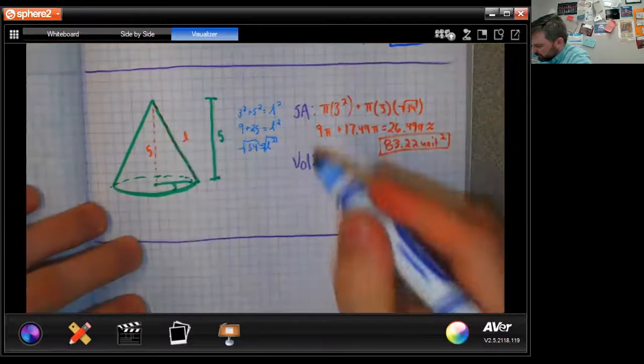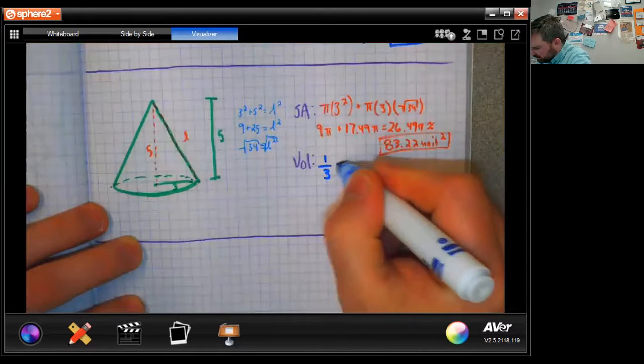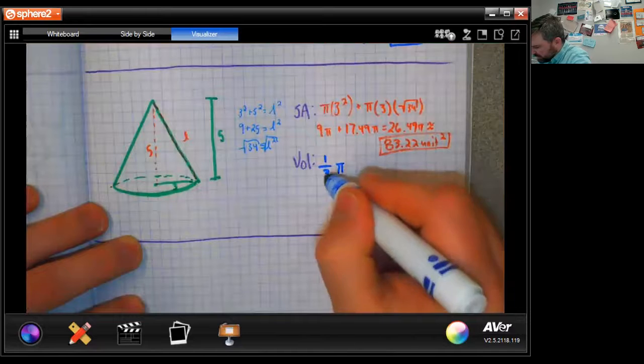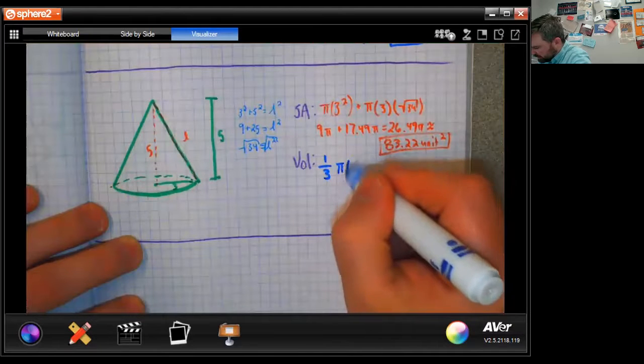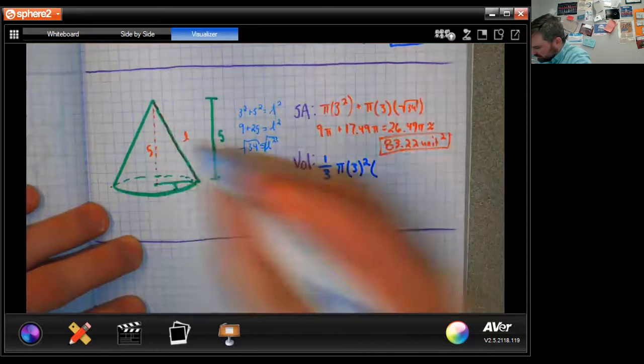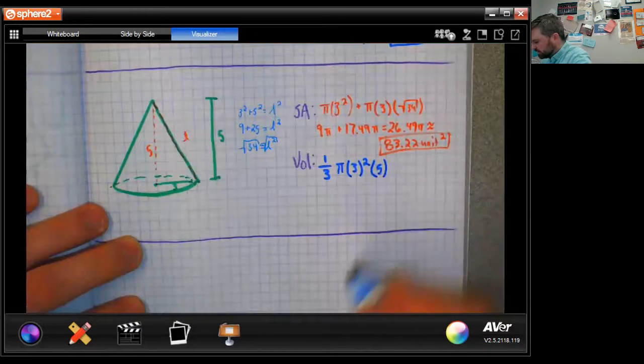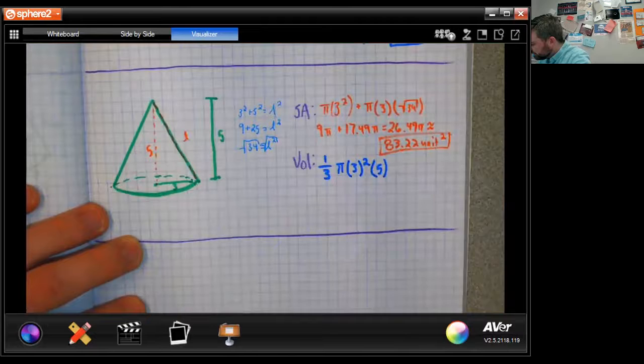And then for volume, it's 1/3 pi, 1/3 area of the base, so pi 3 squared times your height, okay, which is 5. So just multiply your numbers together. So that's 1/3 times 9 times 5.